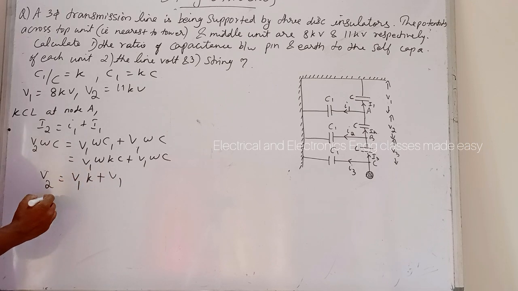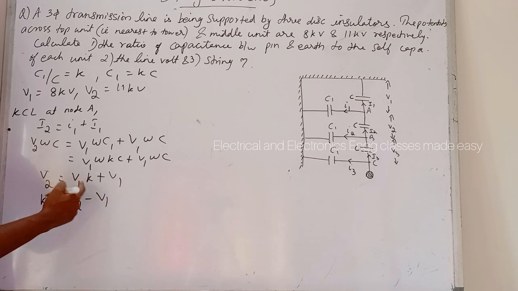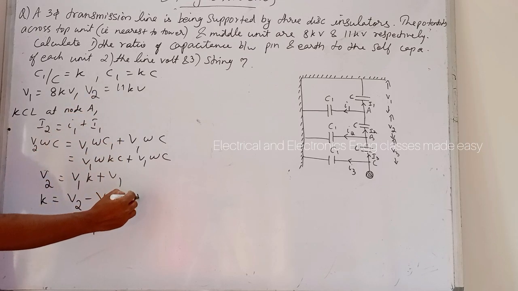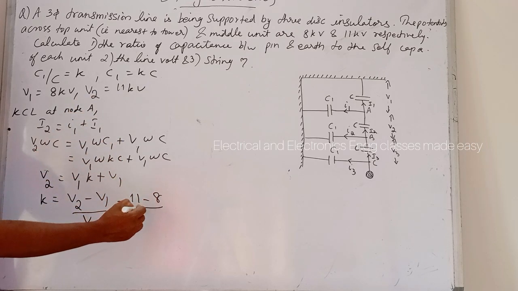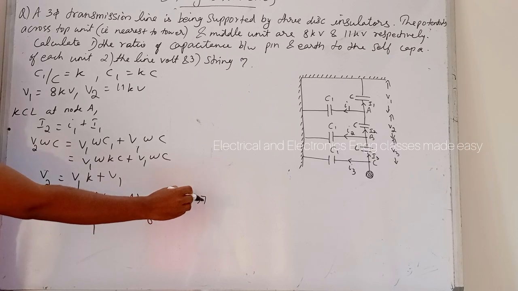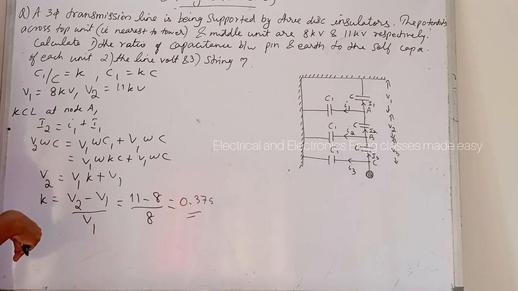So from here we can find the value of K. K is equal to V2 minus V1 divided by V1, and that is equal to 11 minus 8 divided by 8, and that is equal to 0.375. So K is equal to 0.375.